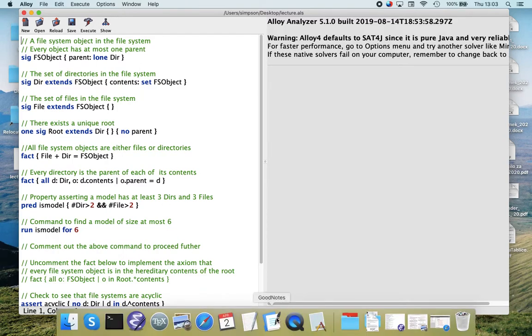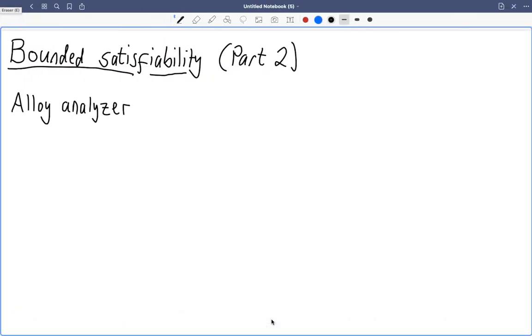So let's go to the notes. I'm going to write down the example. I may not write out every single one, but I'm going to show how one can translate this into predicate logic. It's essentially a predicate logic statement.